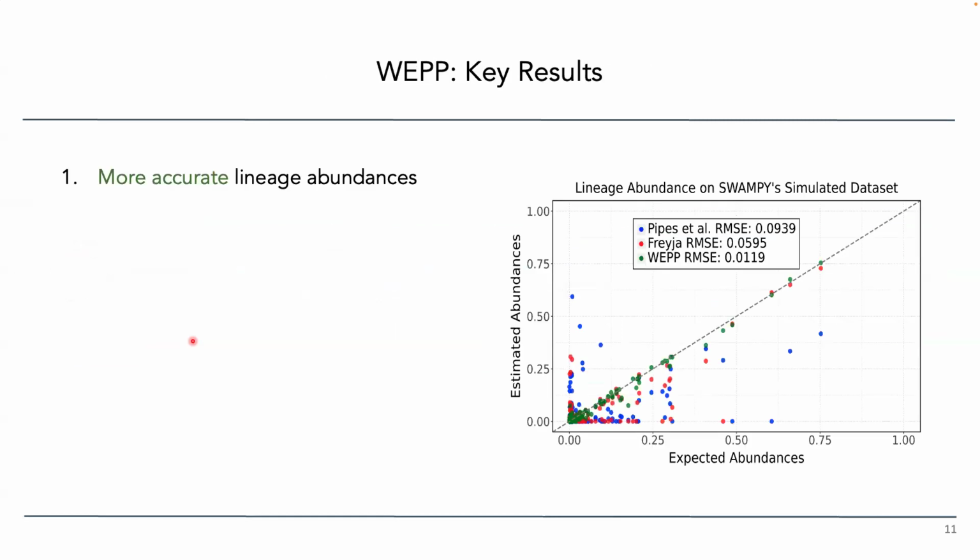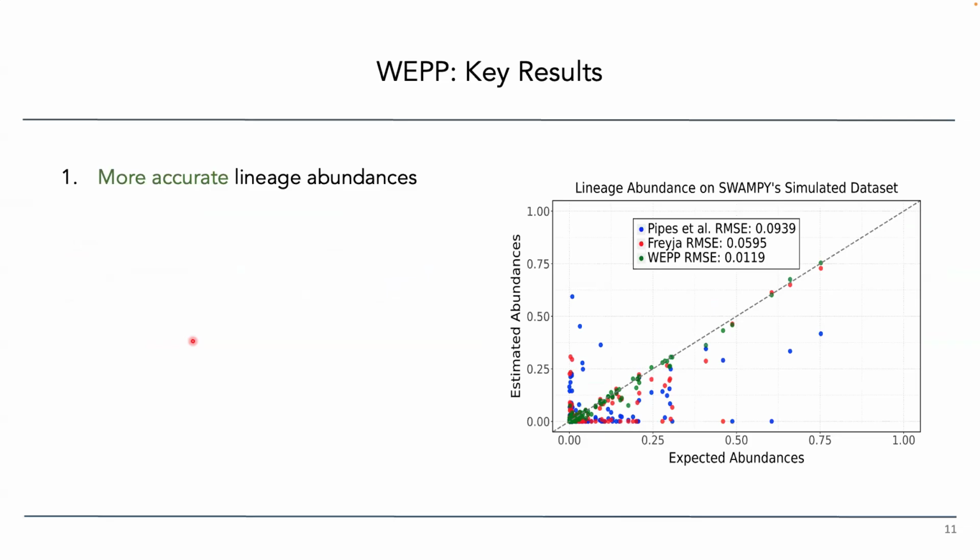Okay, now let's quickly take a look at some of the results. Here, what we are showing is, on the same dataset for which we had the ground truth, how WEPP performs relative to the other popularly used tools.